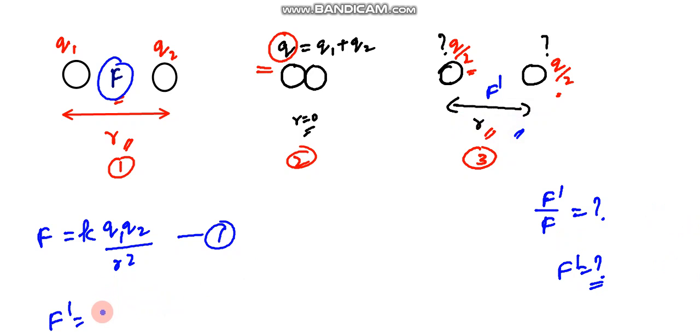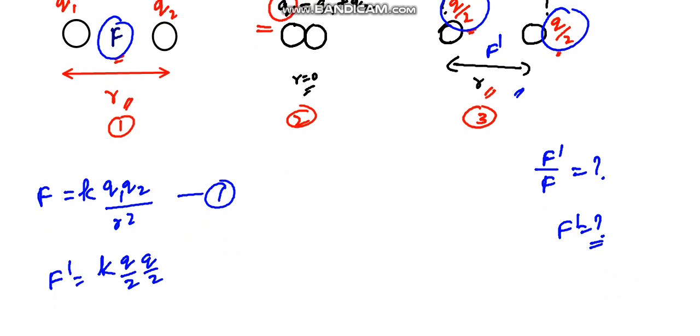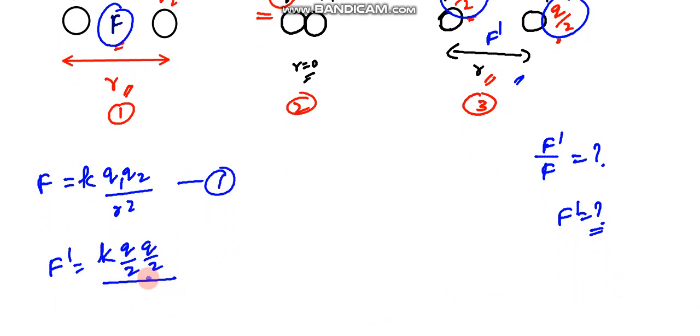The value of k remains the same. What about q1 and q2? That will be q by 2 and q by 2. So we write q by 2 and q by 2 charges divided by distance. The distance will be the same, so that is r square. That means we get k q square divided by 4r square, correct?